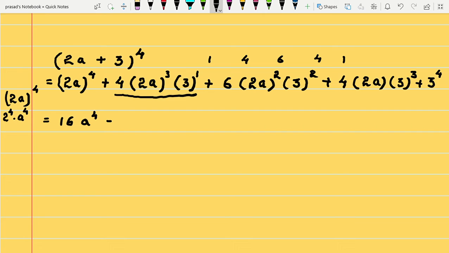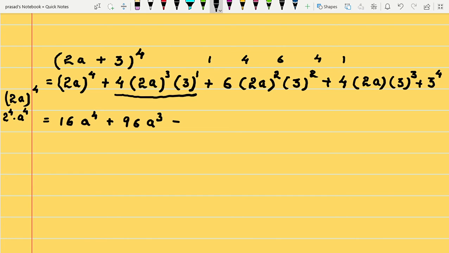In the second term, 2a cube, that will be 2 cube, that is 8 into 4 into 3. So you can do this on the calculator. That will be 96a cube. Okay, but don't forget to take the cube of 2 also. So 4 into 2 cube into 3, that is 96.